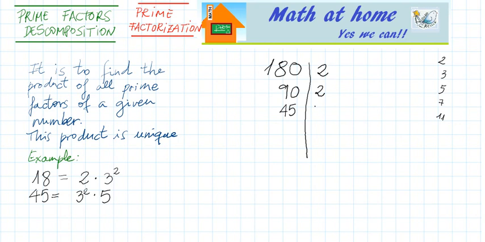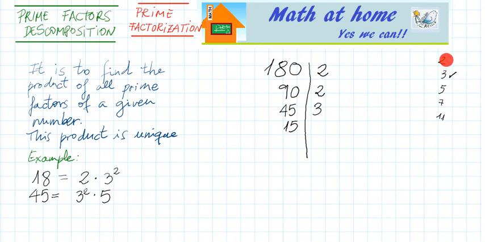Let's try if it is divisible by 3. Is it divisible by 3? Yes, it is. Then we divide it by 3. It is divisible by 3 because 4 plus 5 is 9, which is divisible by 3. 45 divided by 3 equals 15. And now we have to try again if it is divisible by 3. Do you have to try if it is divisible by 2?